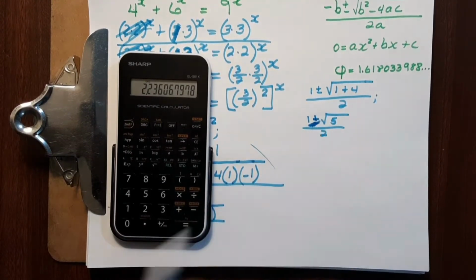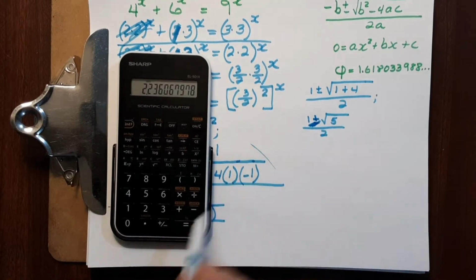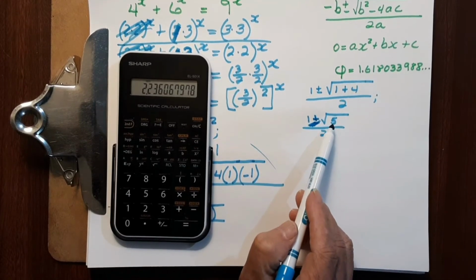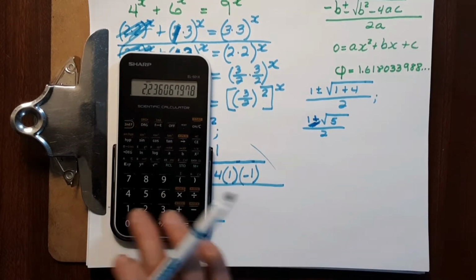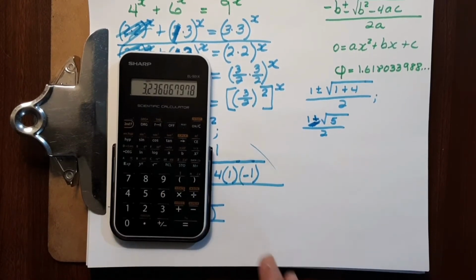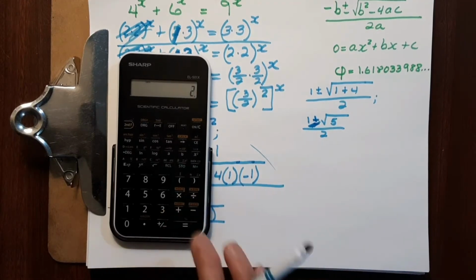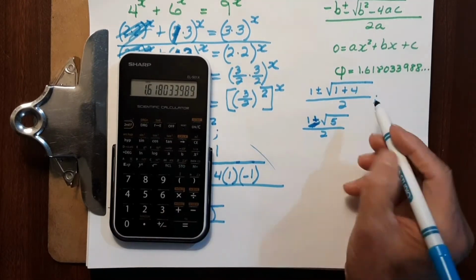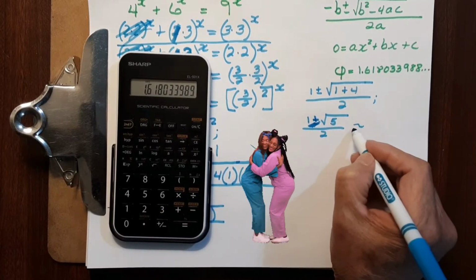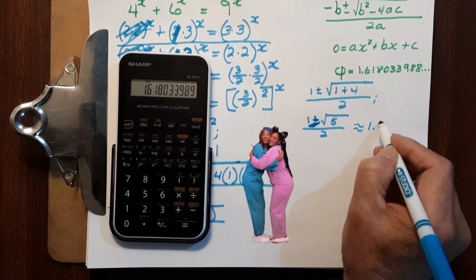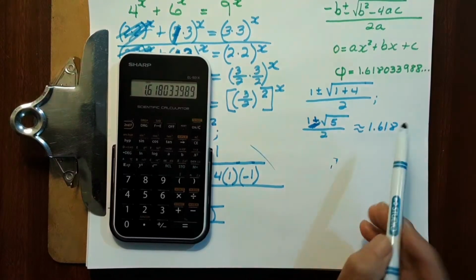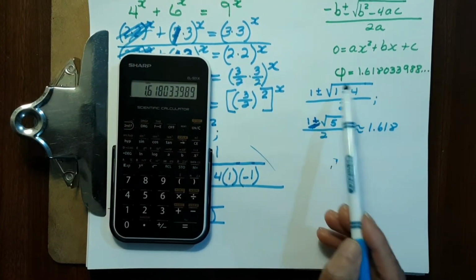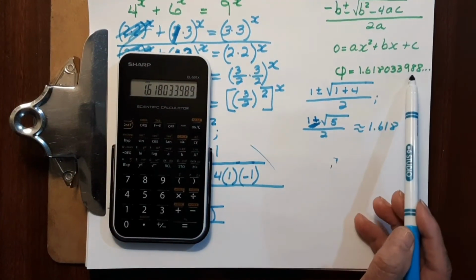We have to use the positive sign. And we get 1.618.